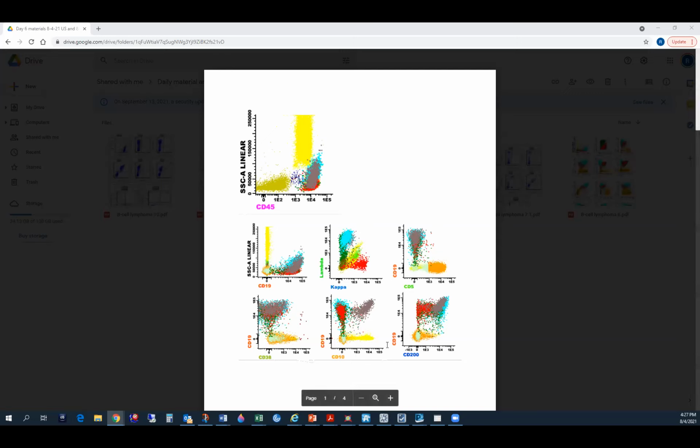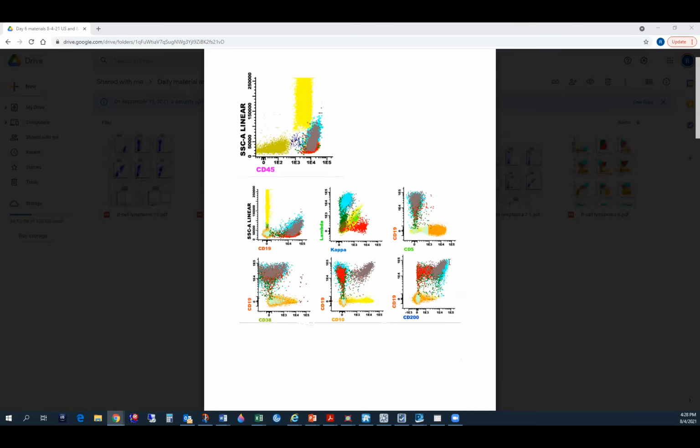But in this one, they would have clearly gated these 10 positive cells first, and they would have seen where it is sitting in all the other plots, and they would have identified that it is 19 positive and 20 positive, so it is in the B cells, and it's lambda restricted. And they would have seen that there is a brighter population for CD200, and they would have gated that also. Basically, in this one, the really bright 200 positive population gives it away.